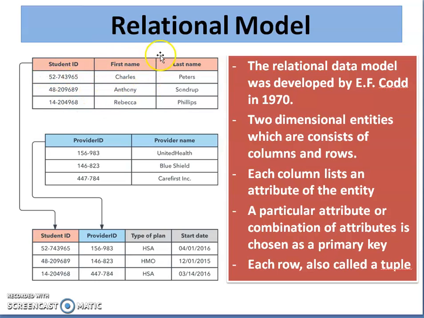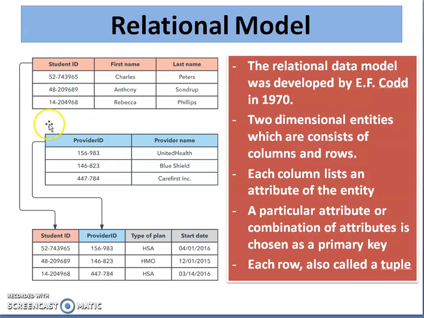The table structure itself is a two-dimensional entity, and this concept was given by E. F. Codd in the case of the relational model. He derived Codd's rules, which consist of 12 rules. So a model which follows these 12 rules is a relational model.